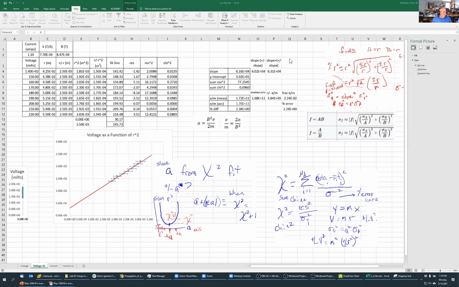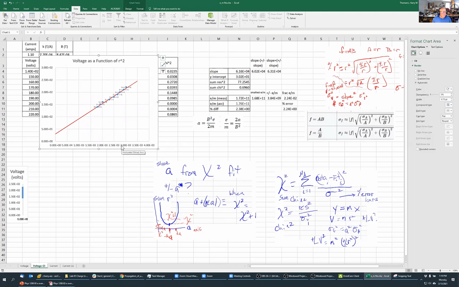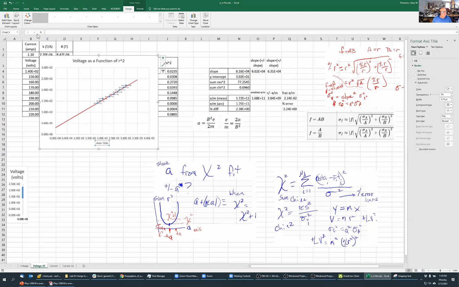Now, remember too, we want to make our graphs look nicer. We can do things with the number of decimal places. We could certainly want to add axis titles. So this is the radius squared here.